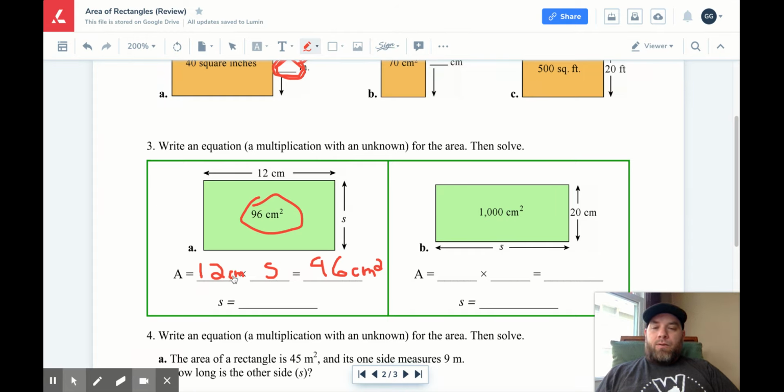So I want to figure this out. So I have multiplication, so what I'm going to do is the opposite of multiplication, and I'm going to do 96 divided by 12. So how many of these can I break apart into groups of 12? Well, I'm going to use some basic estimation here. 12 is almost 10.